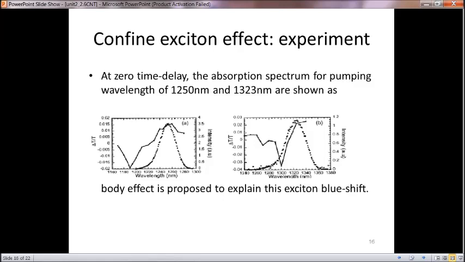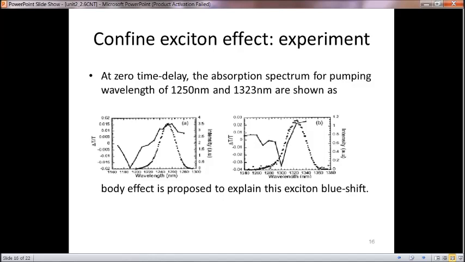So at 1230 the energy level has been noted. Here at 1323 the confined exciton effect, which has a higher energy at one particular timing, has been noted over here. The intensity is also noted as high at that particular nanometer range, because the energy is higher.